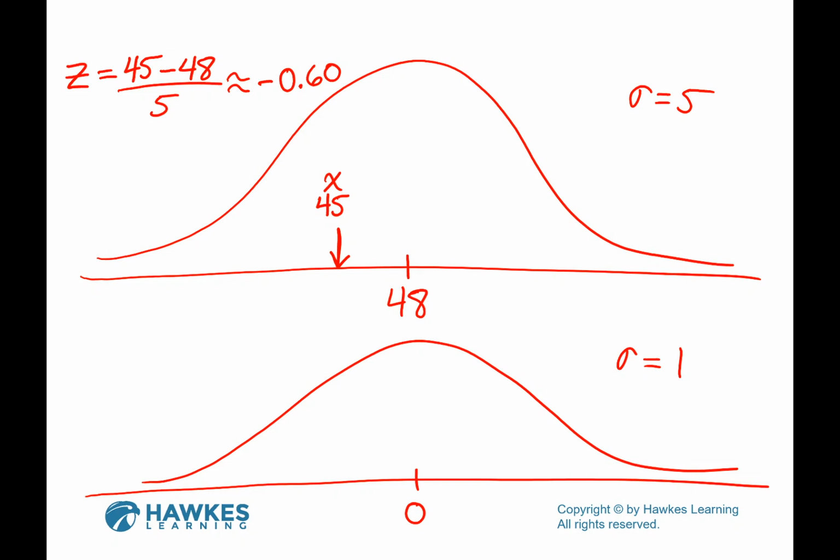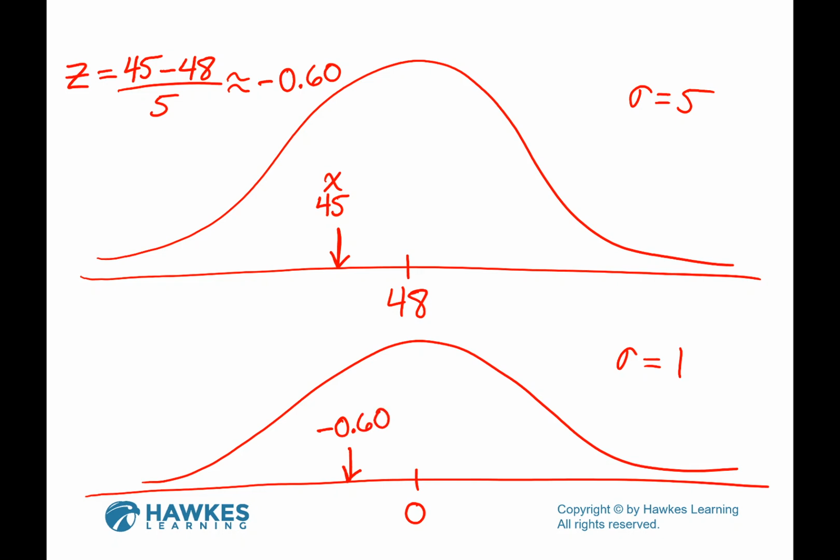And so now on our standard normal distribution, this x value of 45 is going to be 0.6 standard deviations below the mean. So we end up with this new value, negative 0.60.